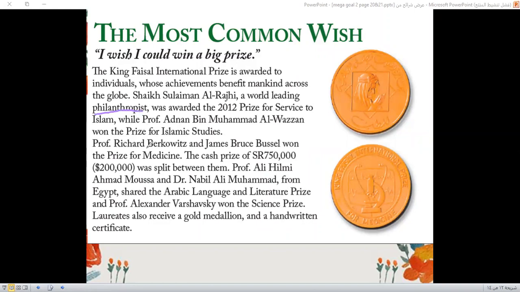Professor Richard Berkowitz and James Bruce Bussell won the prize for medicine. The cash prize of 750,000 Saudi riyals, $200,000, was split between them. Professor Ali Hilmi Ahmad Musa and Dr. Nabil Ali Muhammad from Egypt shared the Arabic Language and Literature Prize, and Professor Alexander Varshavsky won the Science Prize. Laureates also receive a gold medallion and a handwritten certificate.